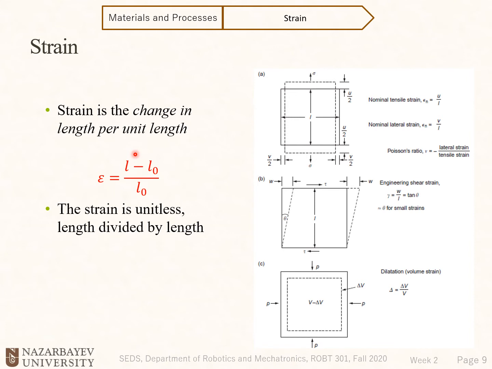When we apply the tensile force in the UTM machine, the length changes from the initial length to L, and L is more than L0 for the tensile test. So L minus L0 is the change in length, divided by the initial length L0. The strain is unitless, length divided by length.